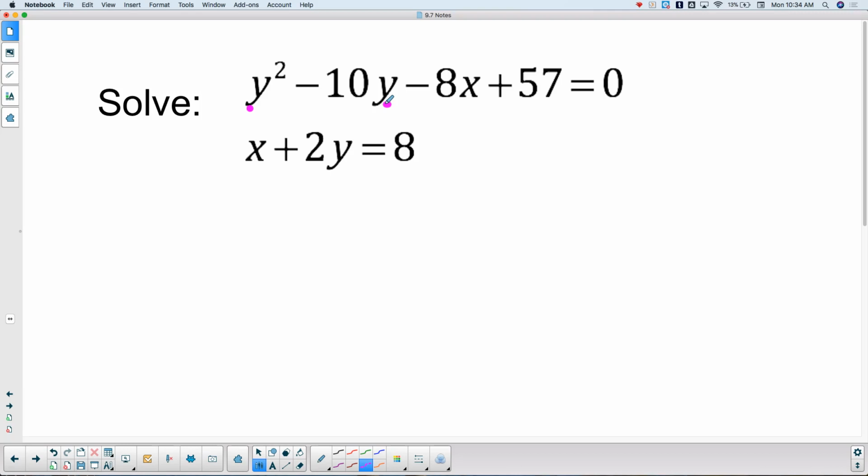Whereas if I solve this one for x, I would only have to plug it in one spot. So what I'd like you to do now is solve this quadratic system of equations using substitution.